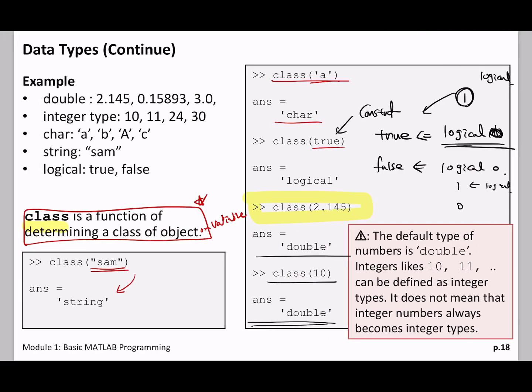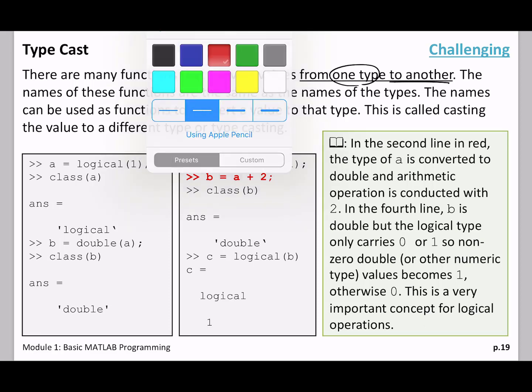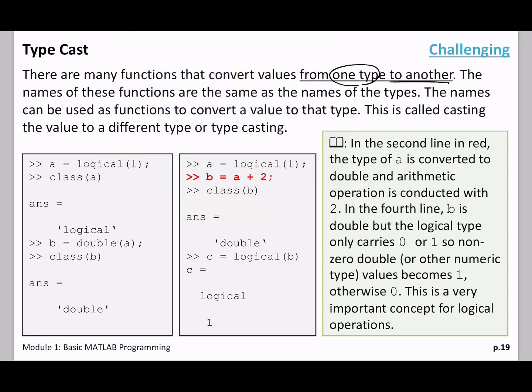Okay, so here's a challenging topic: typecasting. There are many functions that convert a value from one type to another. The names of these functions are the same as the names of the types. The name of the type can be used as a function to convert a value to that type.